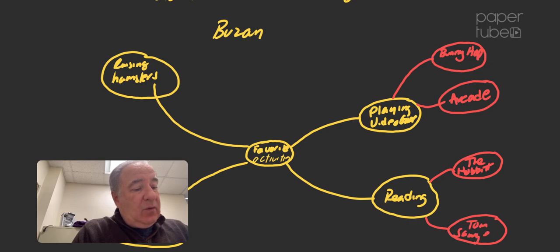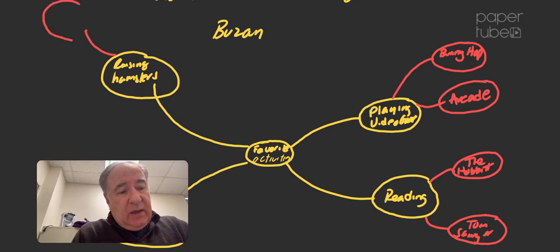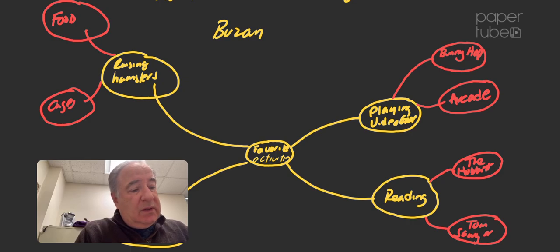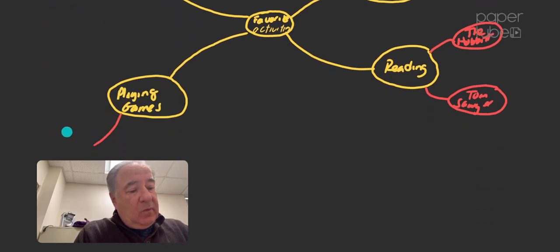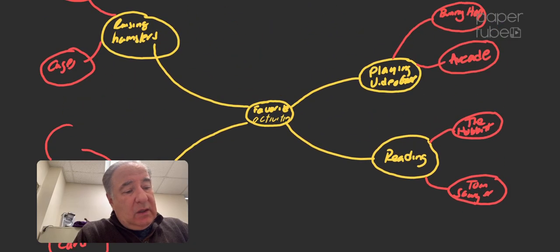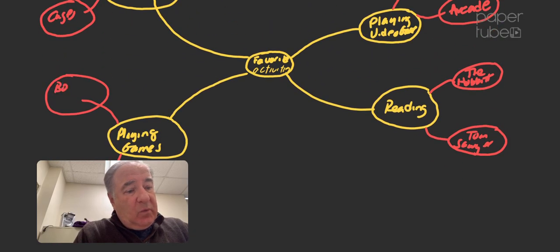These are books that they read, and so maybe with raising hamsters they want to talk about the food, and then maybe something about the cages, and then playing games they could have maybe some card games and some board games.